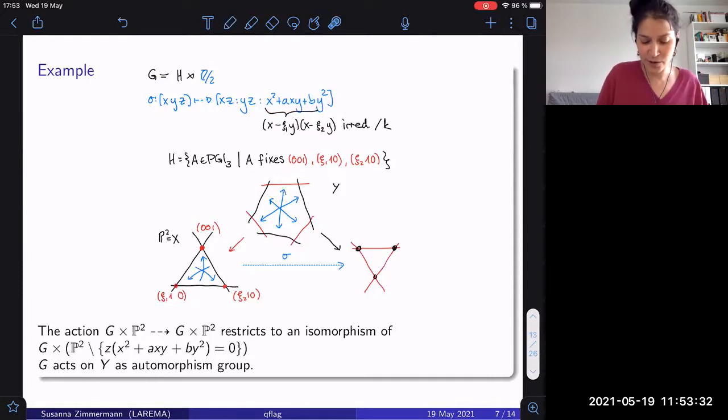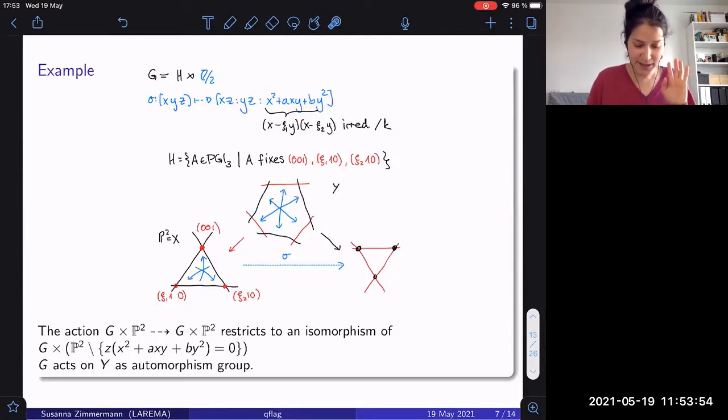Over the algebraic closure, it decomposes into 2 linear parts, and those linear parts give me 2 points here in P2. And this sigma will be not defined at exactly these 3 points, the common zeros of these 3 polynomials.